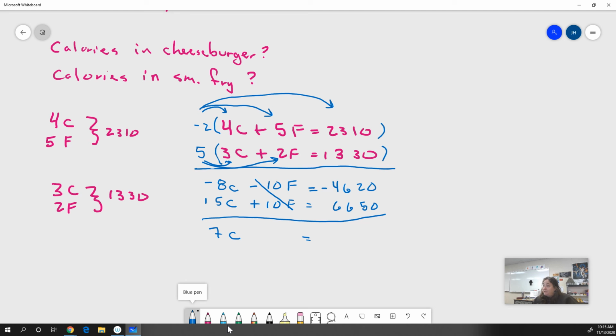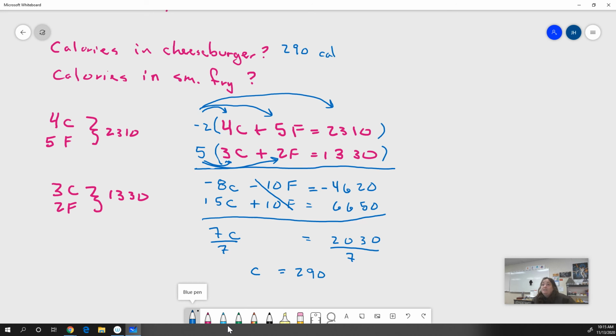This is going to give me 2030. And when I divide both sides by 7 to figure out what C is, I remember that it equals 290. So far I've learned that one cheeseburger has 290 calories, right?